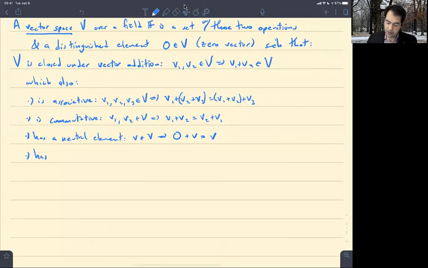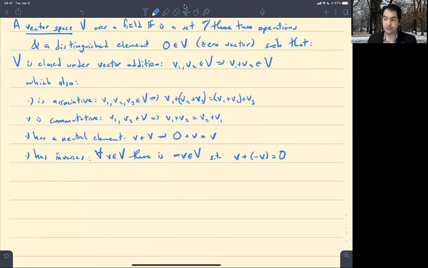And it has additive inverses for vector addition. That is to say that for every vector v in the vector space, there is another vector which we denote minus v, such that v plus minus v is equal to the 0 vector.